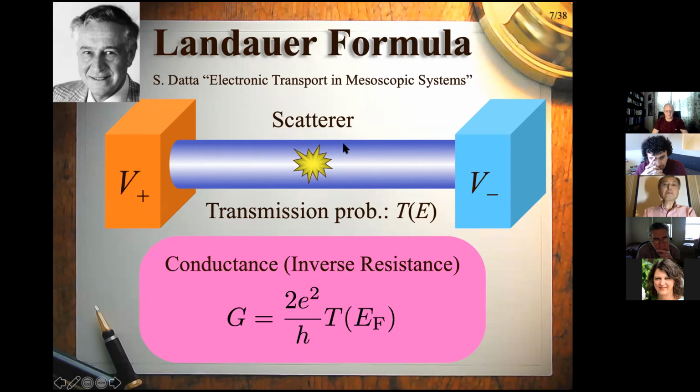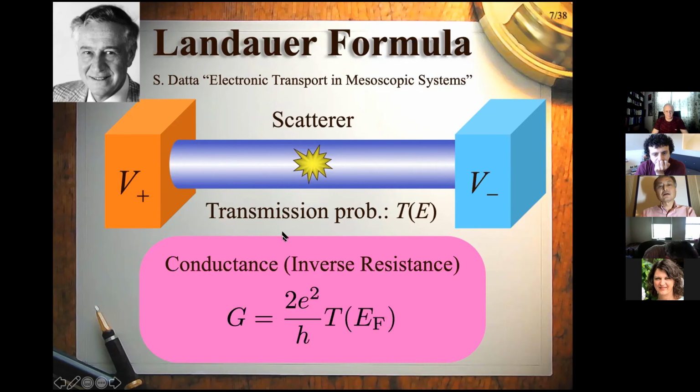In this case, this is free space, and here are some impurities or quantum scatterers, and you have a positive electrode and a negative electrode.